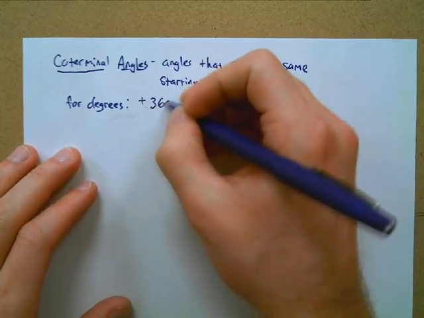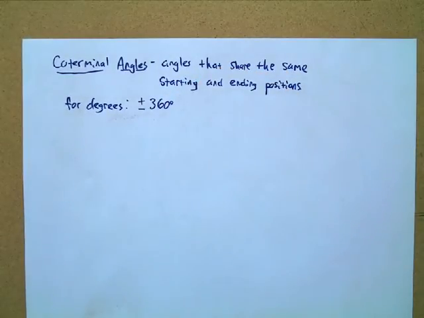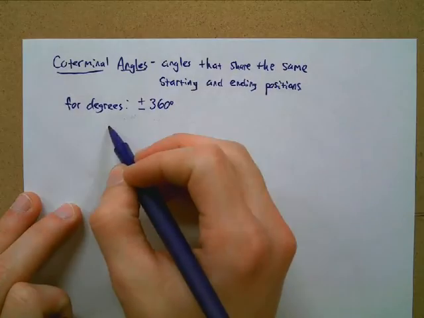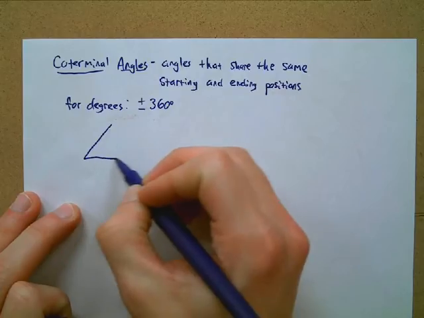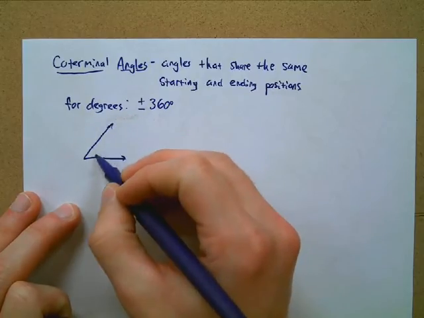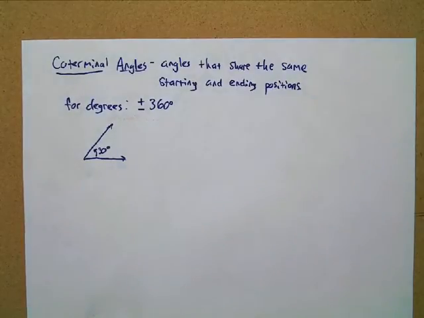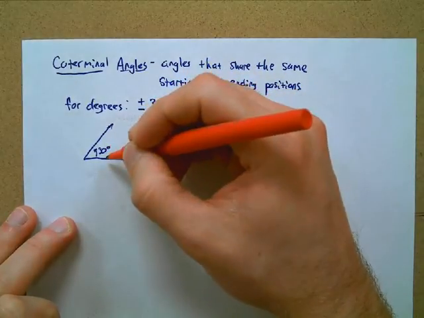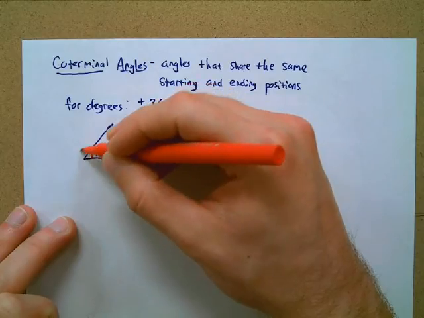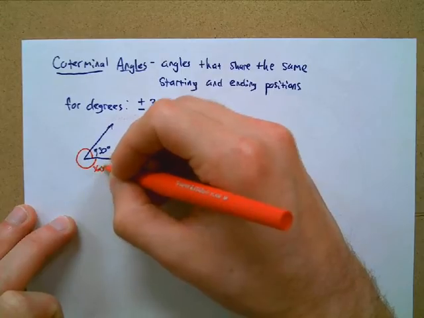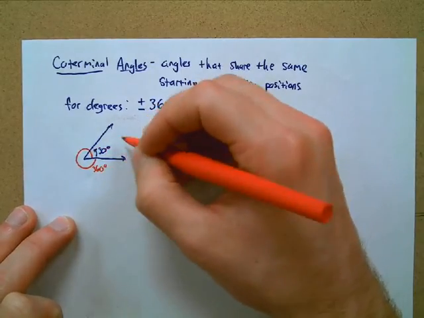So when we had that 30-degree angle here, we could talk about going 360 plus that 30. So one full rotation around, 360 plus that 30, would then be really 390 degrees. Okay, so 390 is coterminal to that 30 degrees.